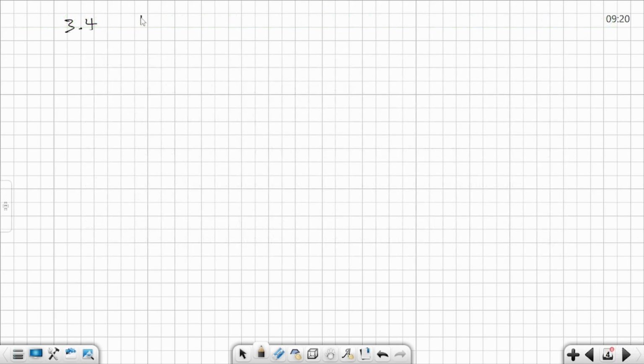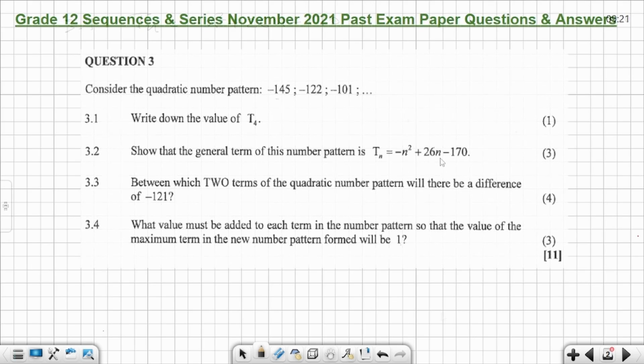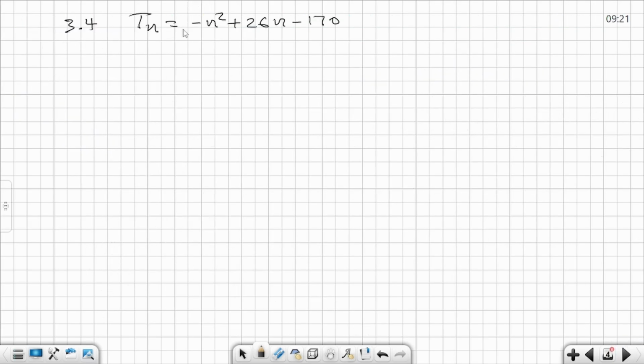So the general term of that quadratic number pattern is this one. We saw it. Can you see? -n squared plus 26n minus 170. So we need to find the maximum value first.